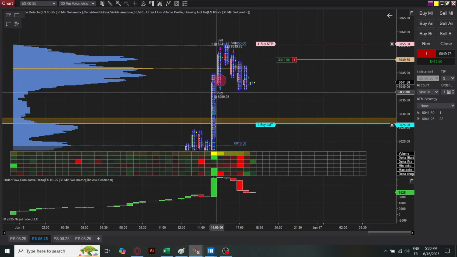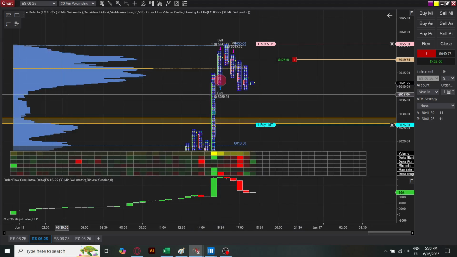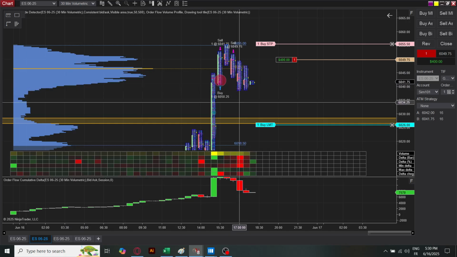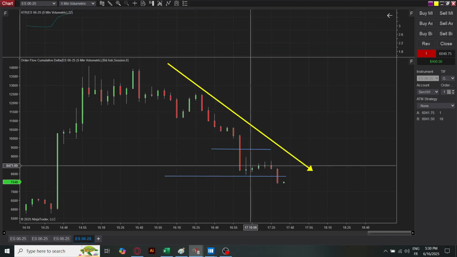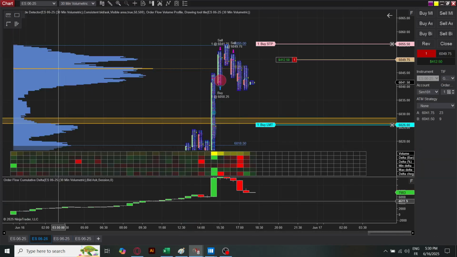Now what do we have here? We have the low volume node on the edge of this high volume node. So this is automatically support, and price is reacting to it. If we go to the cumulative delta, there is a bearish momentum, which means price is more likely to penetrate this area and go even more bearish.